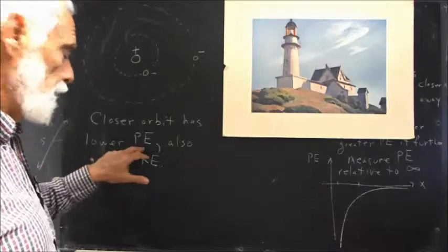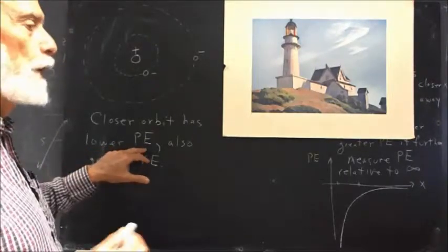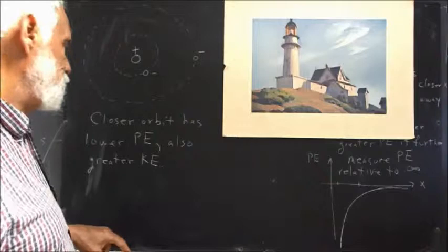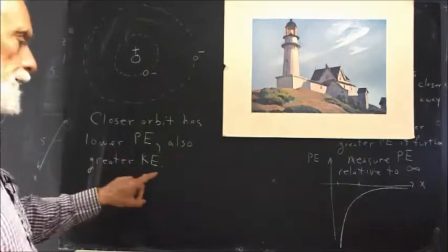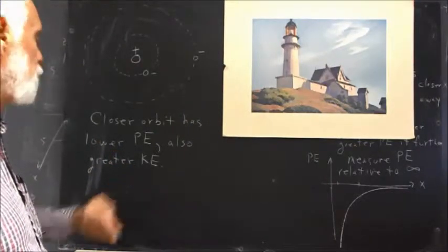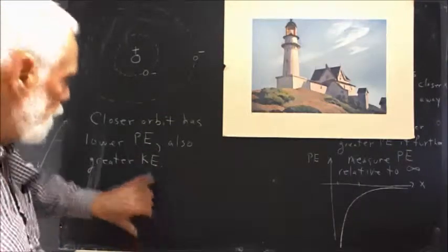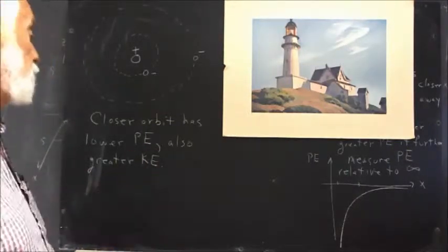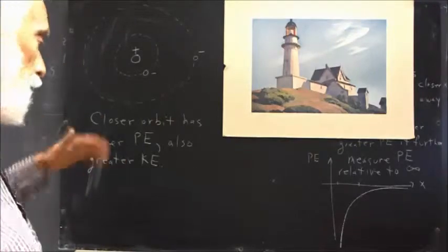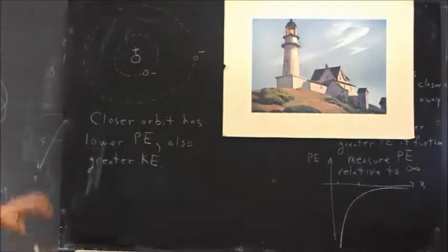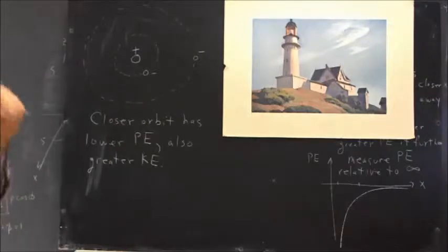So the lower potential energy means a potential energy of greater negative magnitude, which results in a greater kinetic energy, because the kinetic energy is opposite to that greater negative magnitude, and also 1/2 the magnitude. Don't want to go into the details of that. I want to keep this more or less conceptual. Okay.